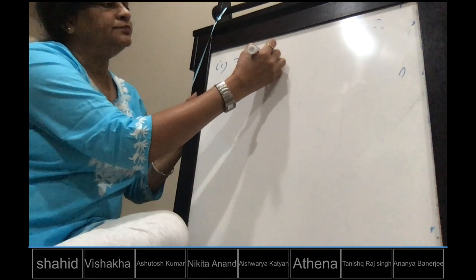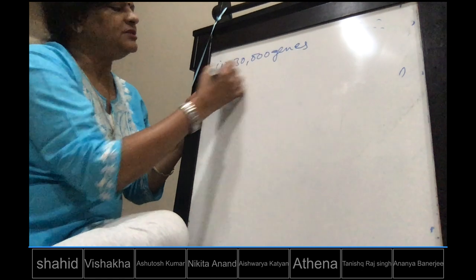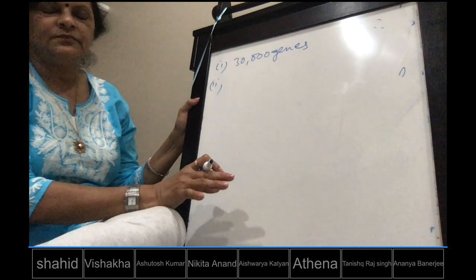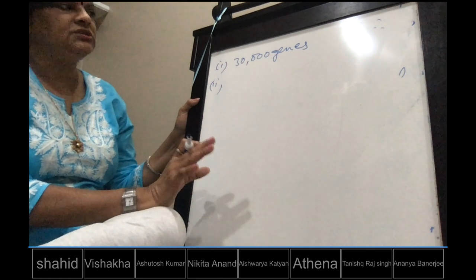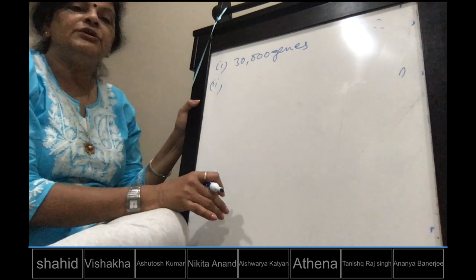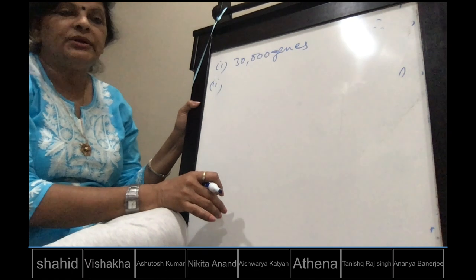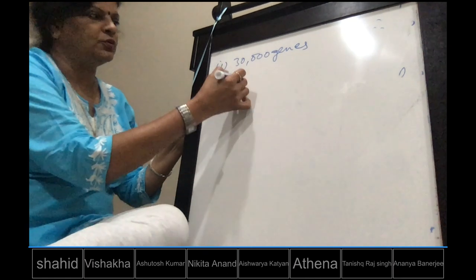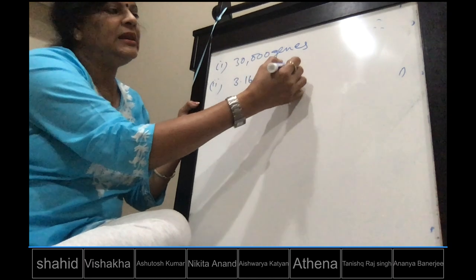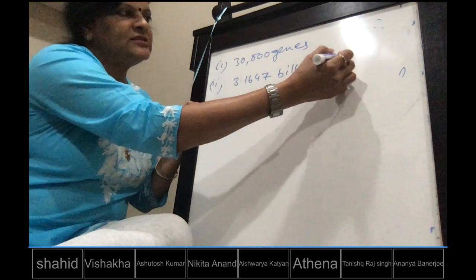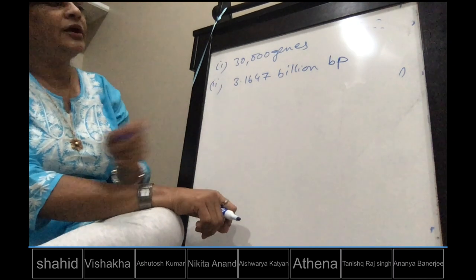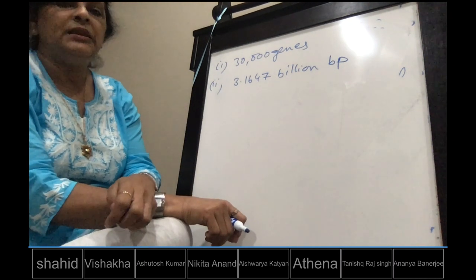In salient features, first: how many genes does the human genome have? Human genome has 30,000 genes. Only 30,000 genes are present in the human genome. What are the nucleotide based sequences in the human genome? 3.1647 billion base pairs.